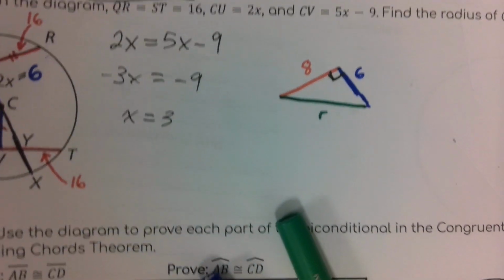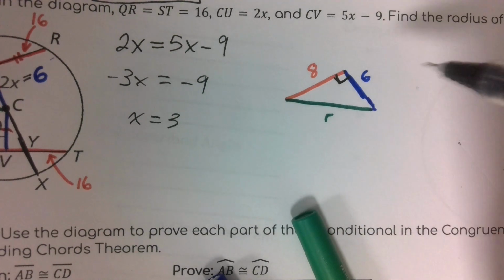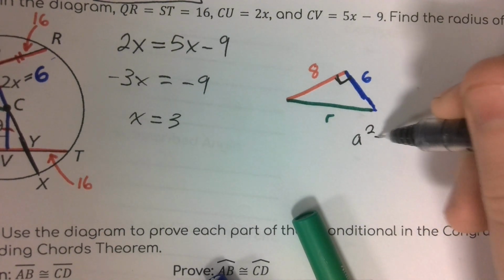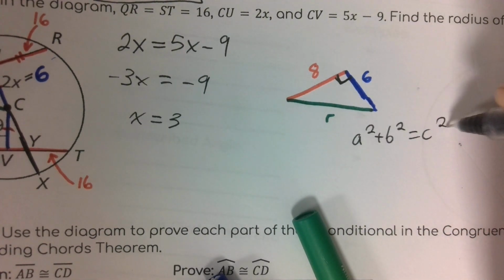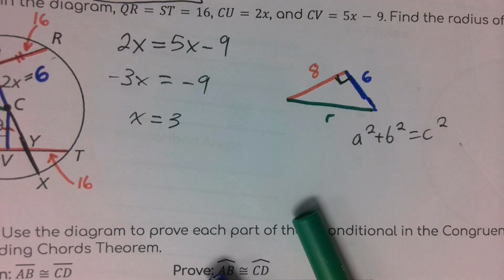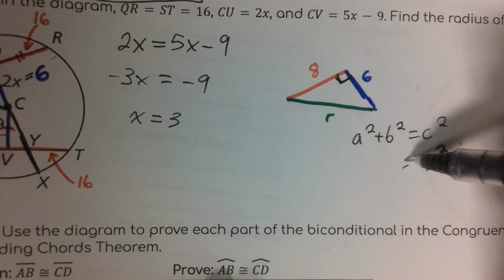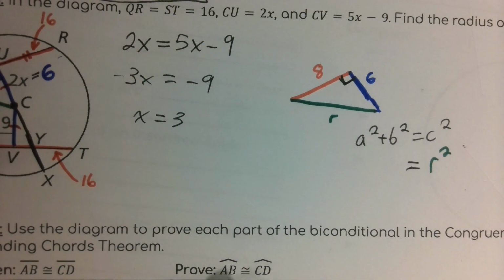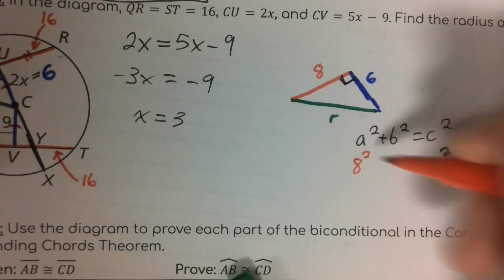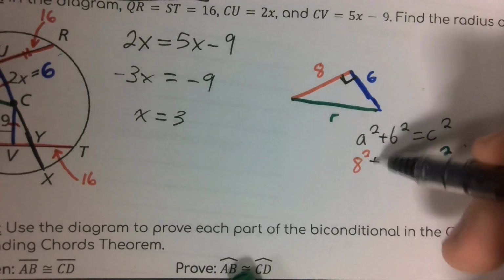Well, we can use the Pythagorean theorem. The Pythagorean theorem says a squared plus b squared equals c squared, where c is our radius r. So, we can rewrite this as 8 squared plus 6 squared equals r squared.